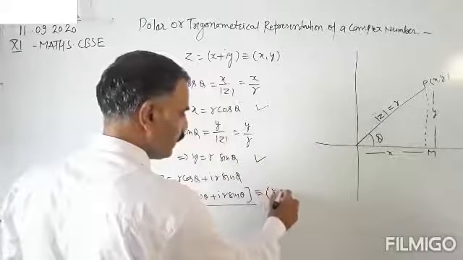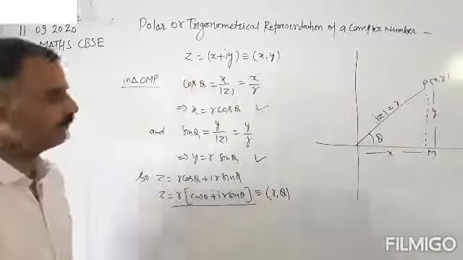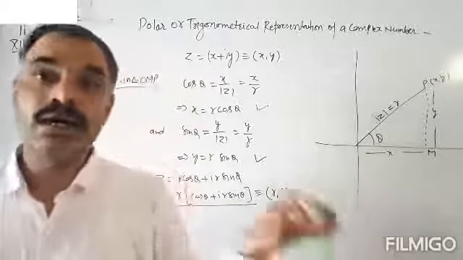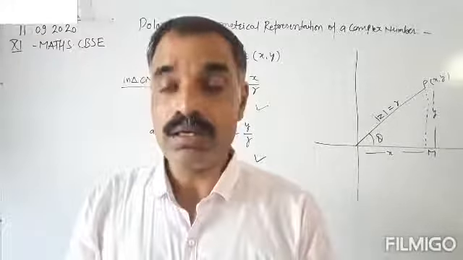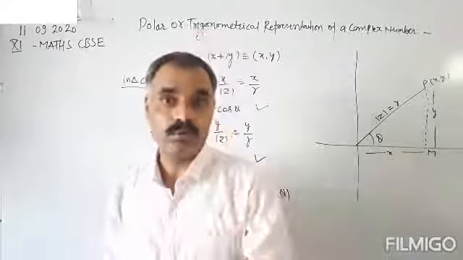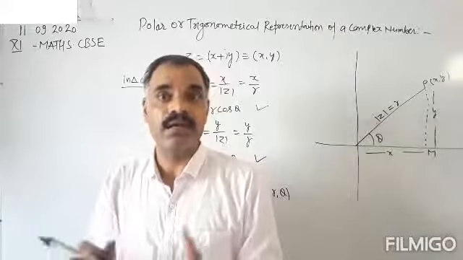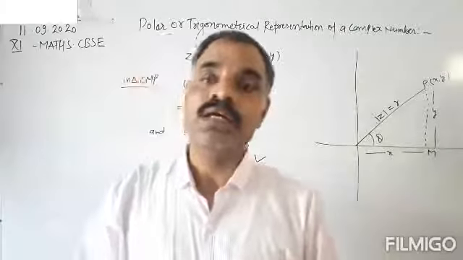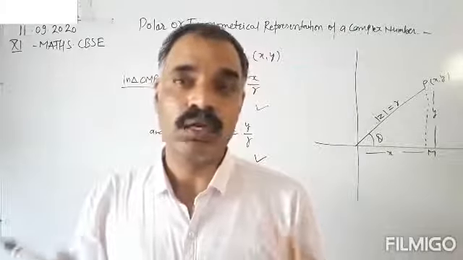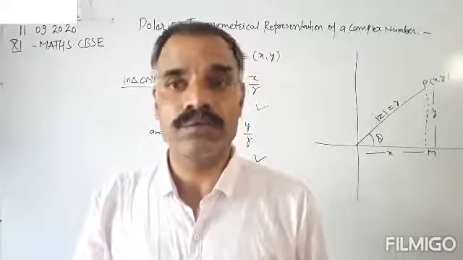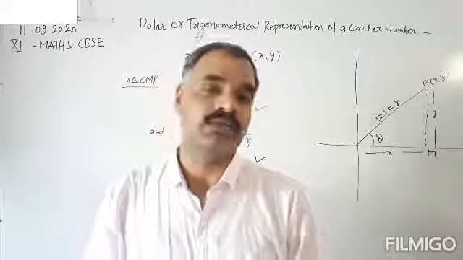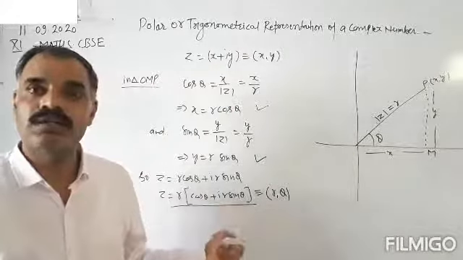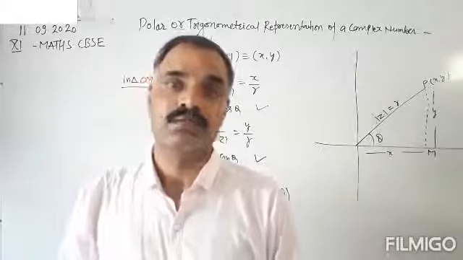This is in the form of modulus r and the amplitude theta, and a complex number in the form of modulus and amplitude is called the polar form or the trigonometrical form of the given complex number.